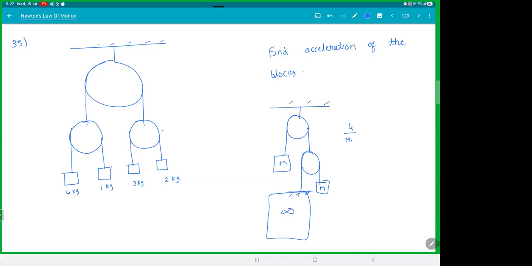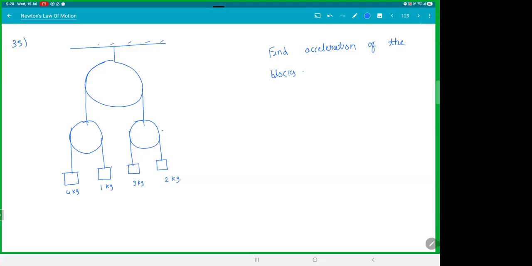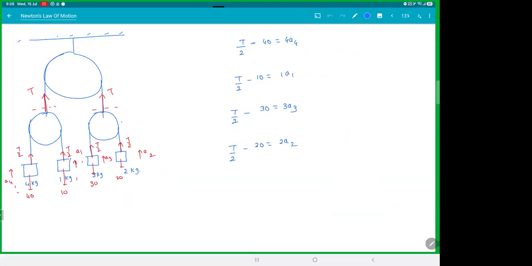Then 1 by m equivalent is 1 by m1 plus 1 by m2. One is infinity, and the other is 1 by m. 1 by infinity is 0. So 4 by m equivalent, so m equivalent is 4m. That means you can replace this entire thing with a 4m block. Making sense? A fixed point is as good as saying it's not going to move. It's an infinite block. So you can still do it, but you have to make little modifications like that. All clear with this?